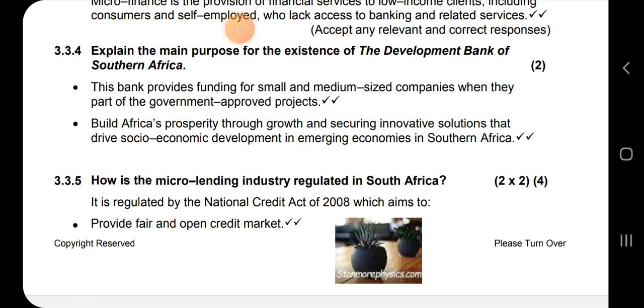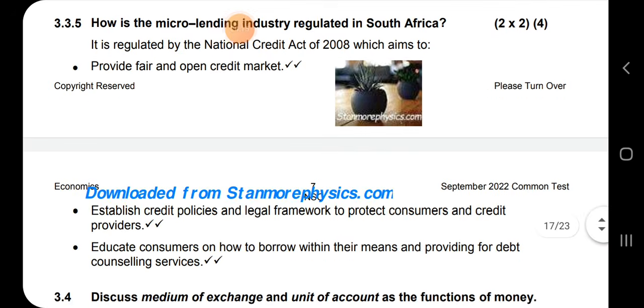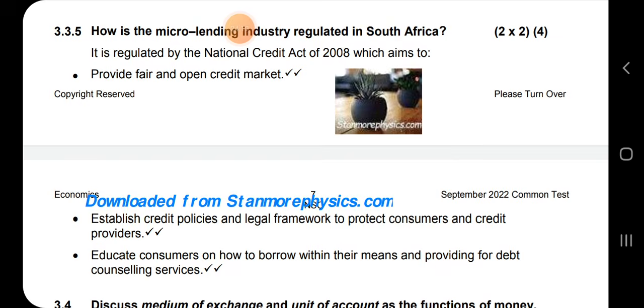How is the micro lending industry regulated in South Africa? Anything that gives credit is regulated by the National Credit Act. So they have to provide a fair and open credit market, and establish credit policies and a legal framework to protect consumers and credit providers.